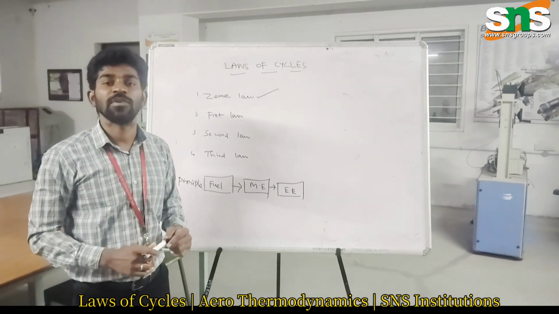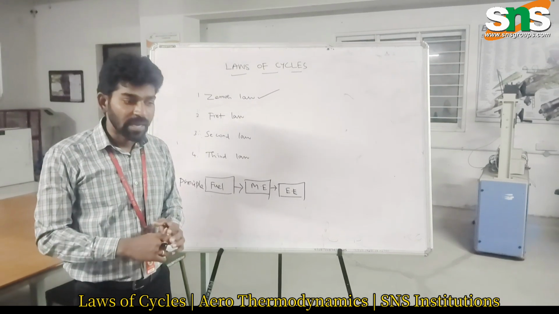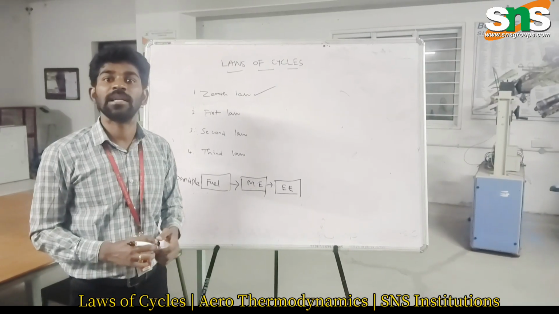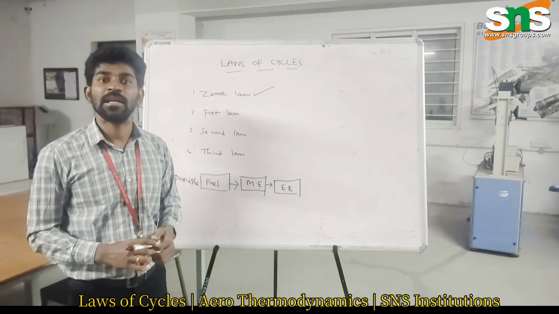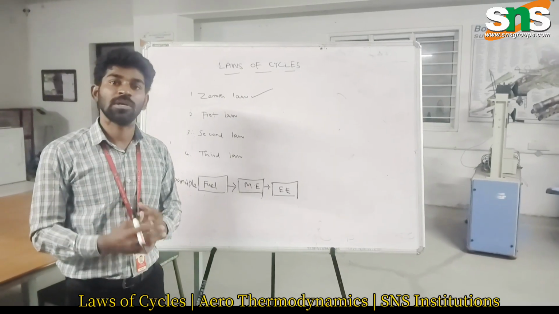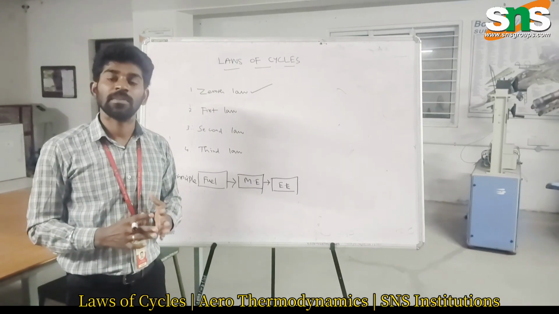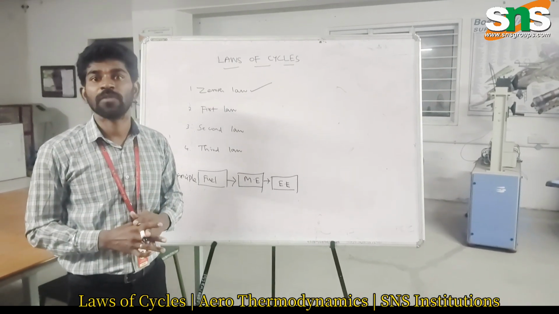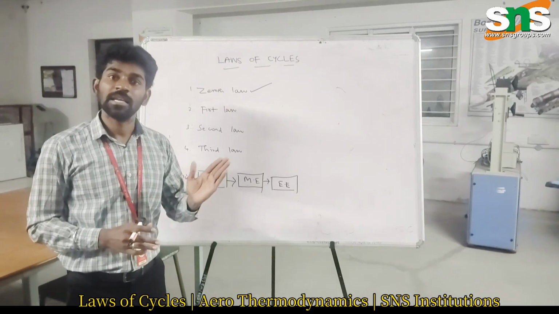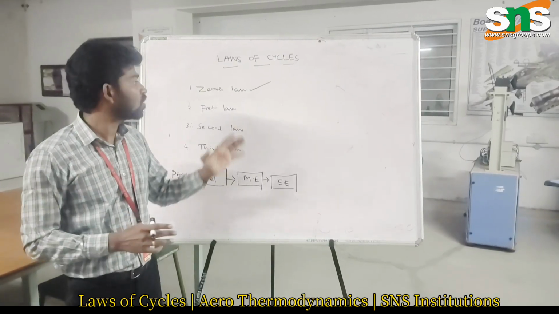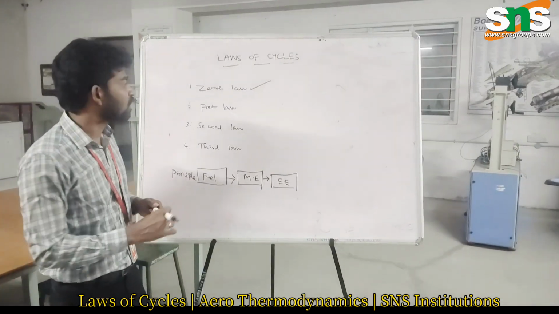The zeroth law of thermodynamics tells about the state of thermal equilibrium. For example, consider any two objects; they may have the same, higher or lower amount of thermal equilibrium. If both are in thermal equilibrium with a third system, they are in equilibrium with each other. So this is the zeroth law of thermodynamics.